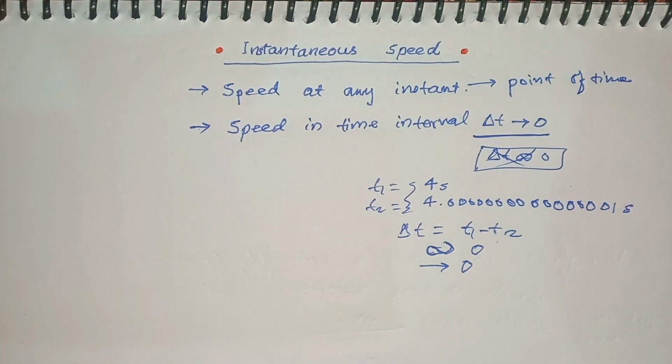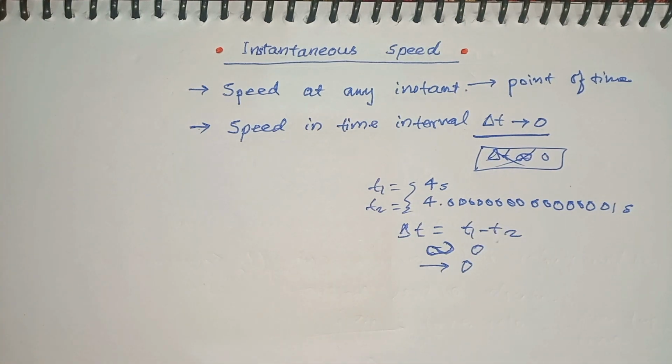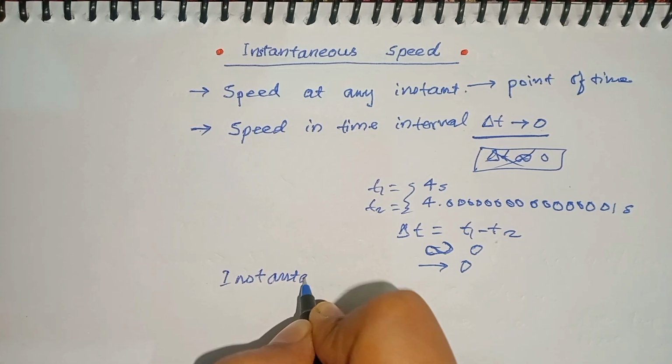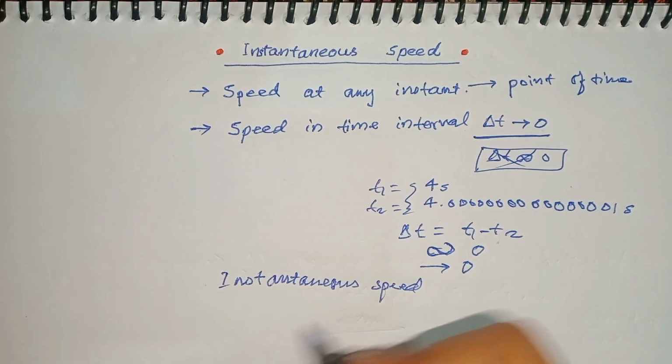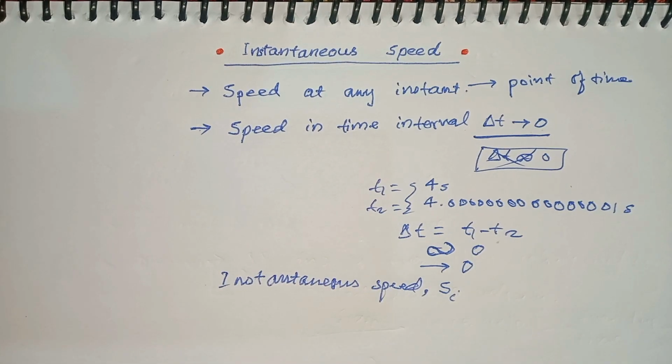Now let's see the formula for the instantaneous speed at any time. Mathematically, write it as S_I, S for speed and I for instantaneous.